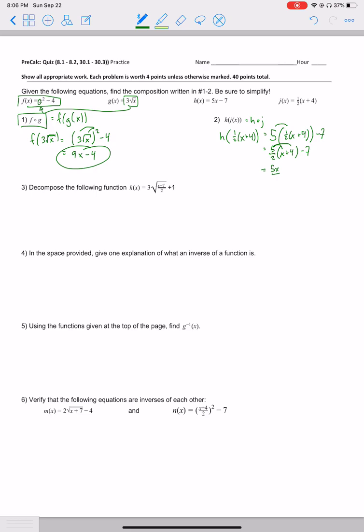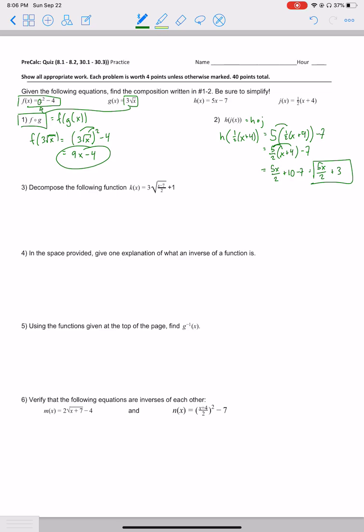So we get 5x divided by 2, but when we distribute 5/2 to positive 4, stuff can cancel out, so we end up just getting 10 minus 7. Again, we can clean this up because we have like terms. So we get 5x over 2 plus 3. So that is composition. That's when we take two functions and create a third new one by composing.